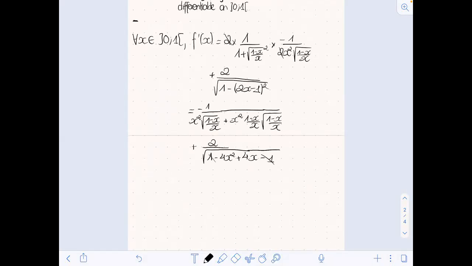Okay, so we get this. We might want to do a little bit more work though. So this x squared here can simplify with this to some extent. So, well, this one rather.